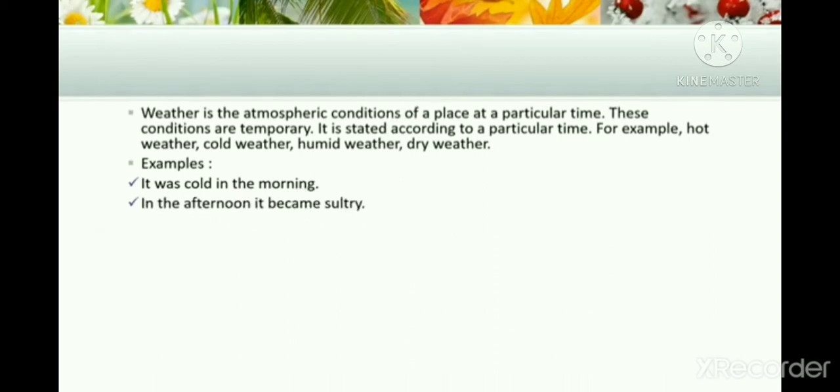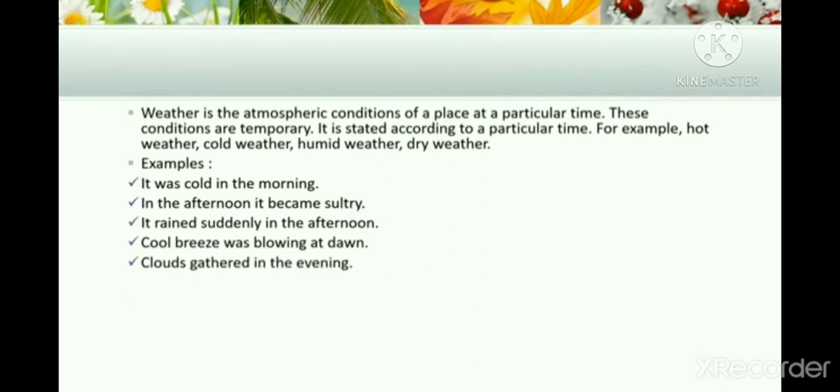Here are examples which we experience in our places. Example: it was cold in the morning. In the afternoon, it turned sultry. It rained suddenly in the afternoon. A cool breeze was blowing. Clouds gathered in the evening.